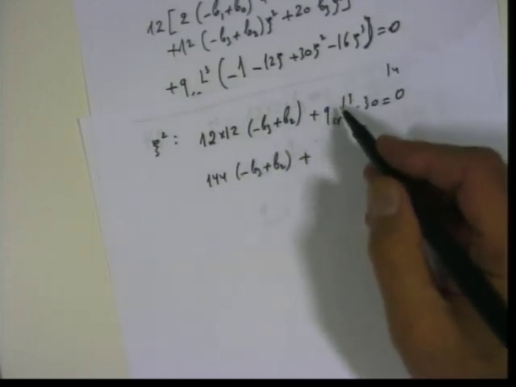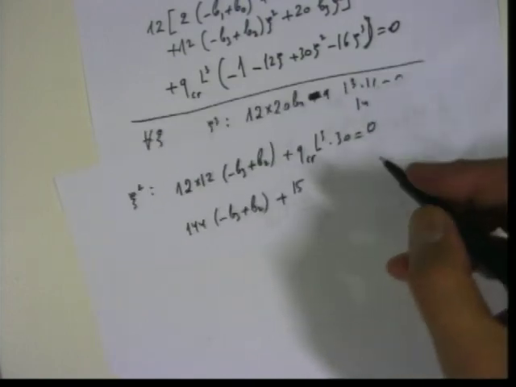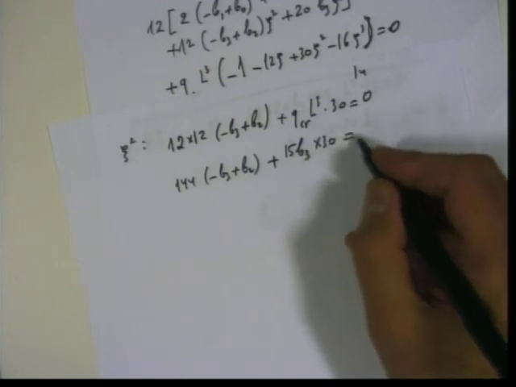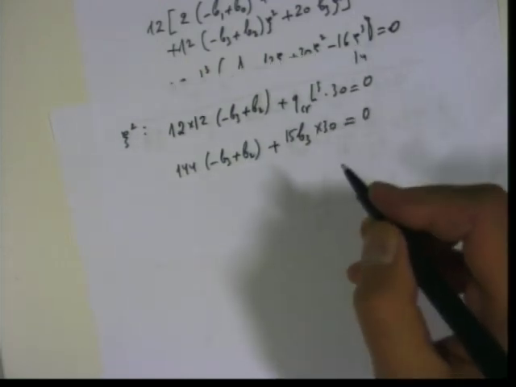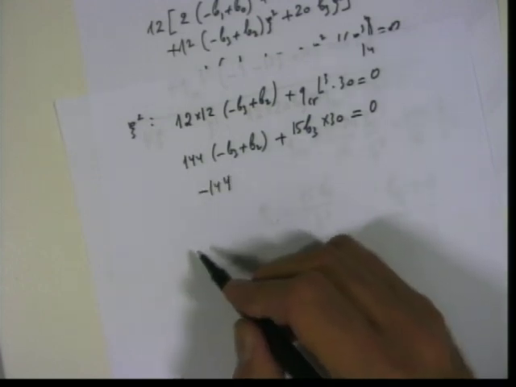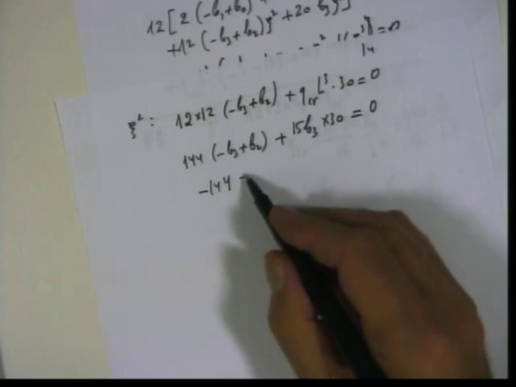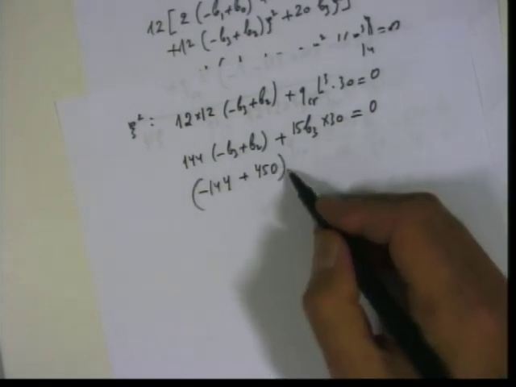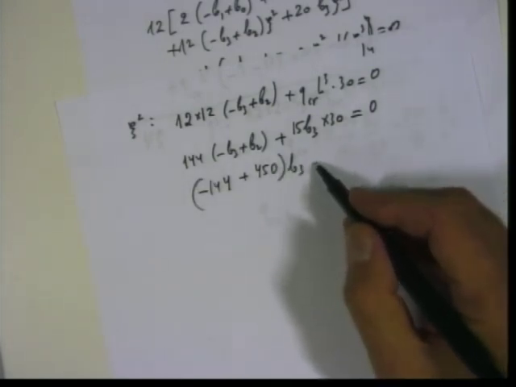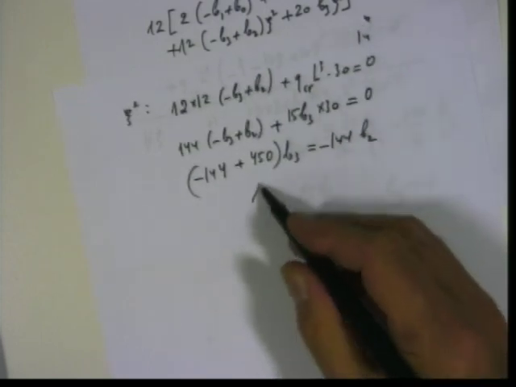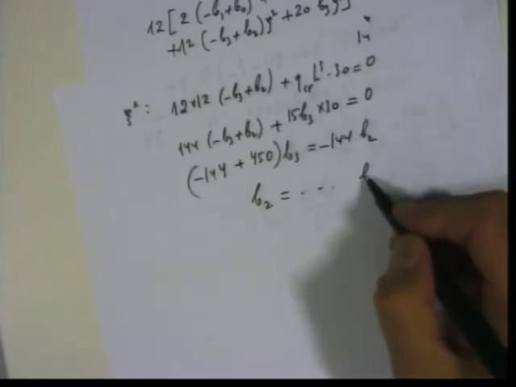But q critical L cubed equals 15 b3 times 30 equals 0. So from here we get minus 144 b3 plus 450 b3 equals minus 144 b2. So from here we get b2 in terms of b3, etc.